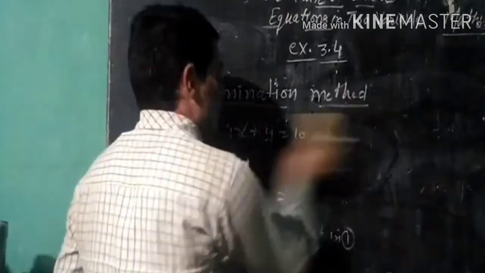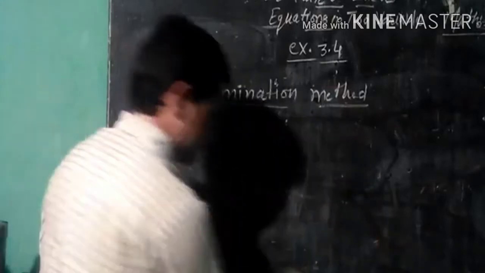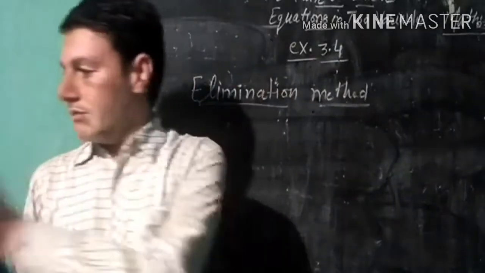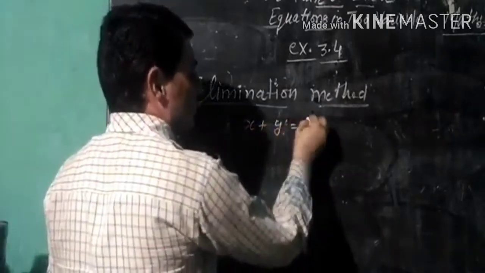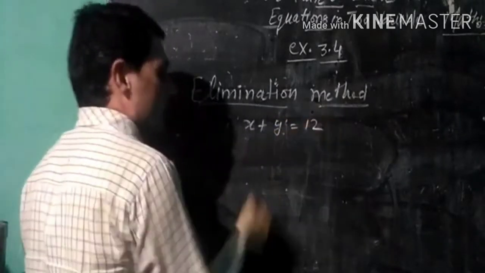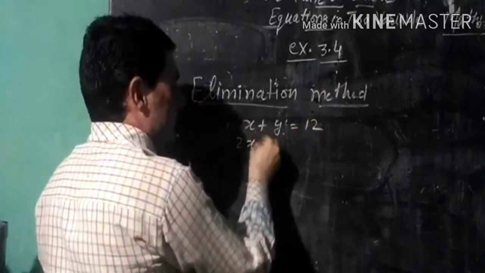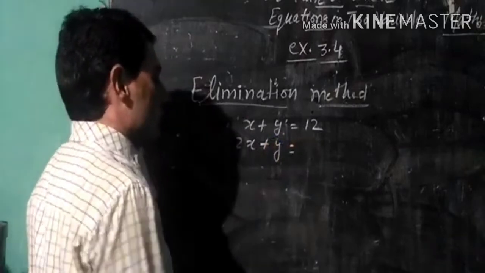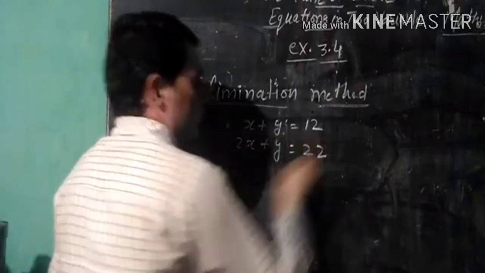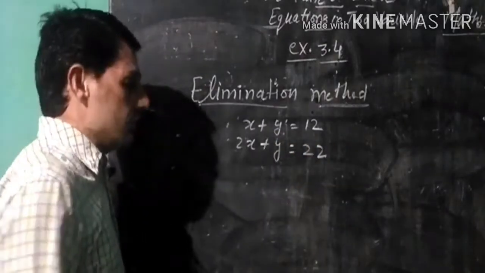Let us see the second question. For example, this is x plus y is equal to 12 and 2x plus y is equal to 22. This is the question.